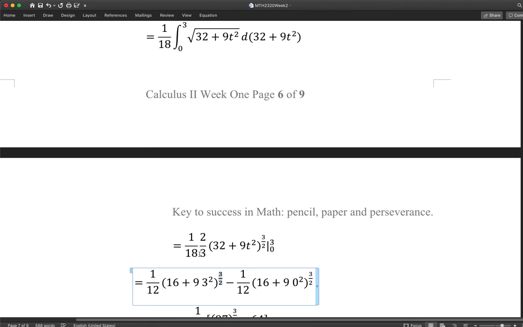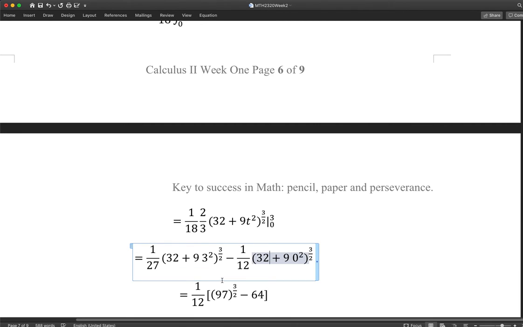And then this should be calculated as 1/27 times 32 plus 9t squared to the 3/2, evaluated from 0 to 3.